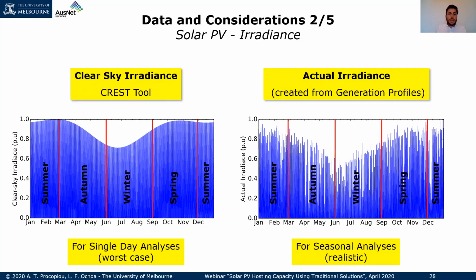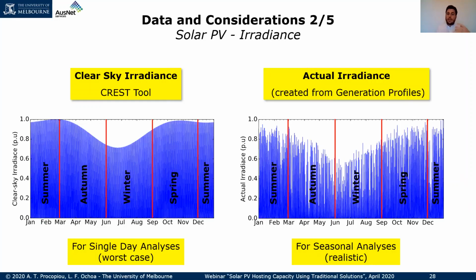The first one is the clear sky irradiance profile, which we can create with very high accuracy using a tool provided by Loughborough University in the United Kingdom, which allows us to set up specific settings for our PV systems and also the location where these PV systems are located. And by that, we can create high resolution clear sky radiation profiles.